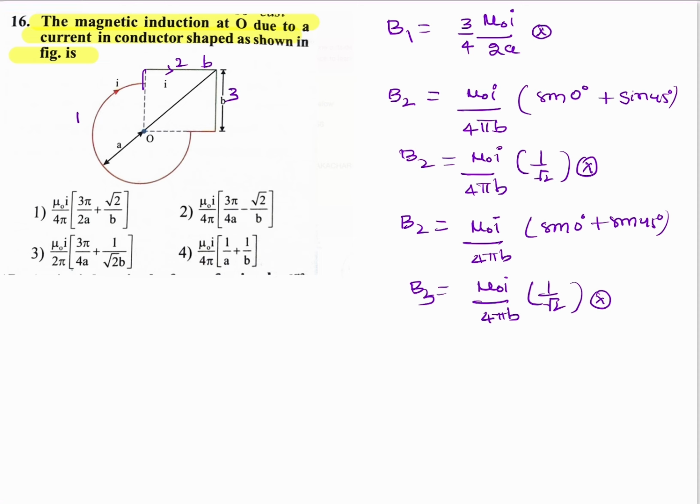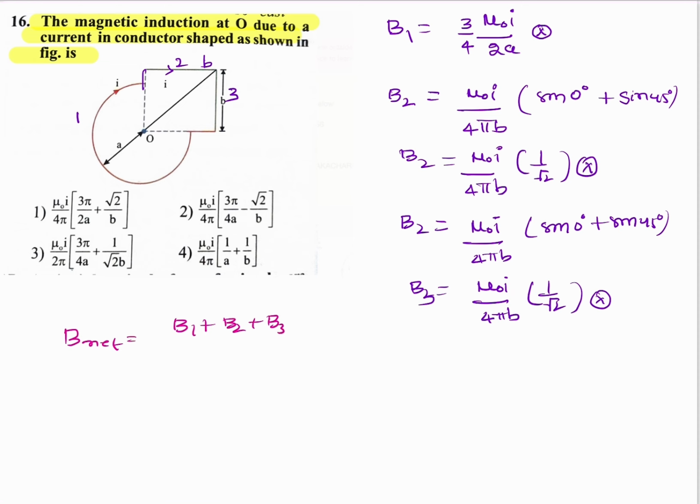Now the net magnetic field we have to find at its center due to these three segments. So B net equals B1 plus B2 plus B3.